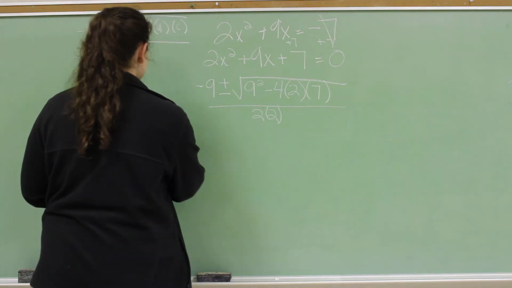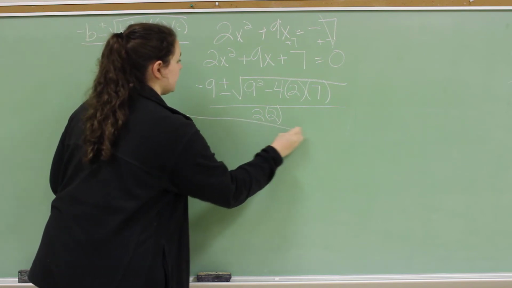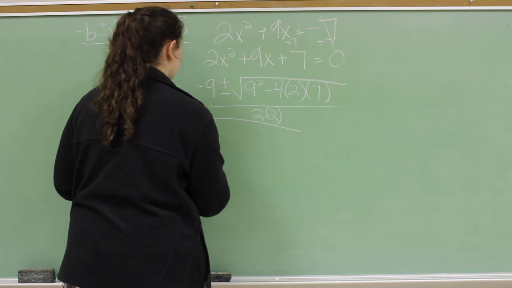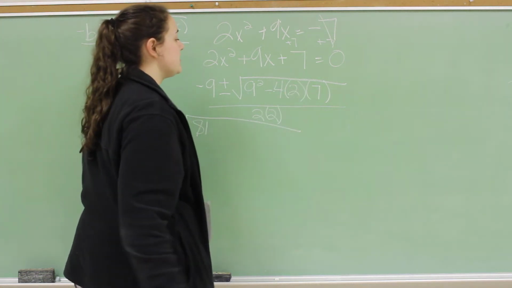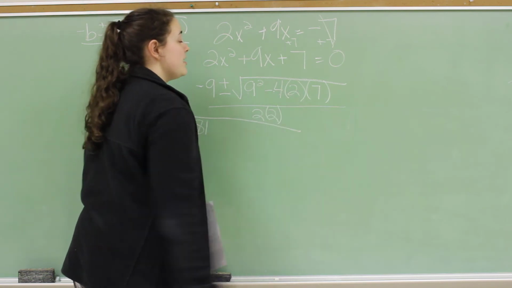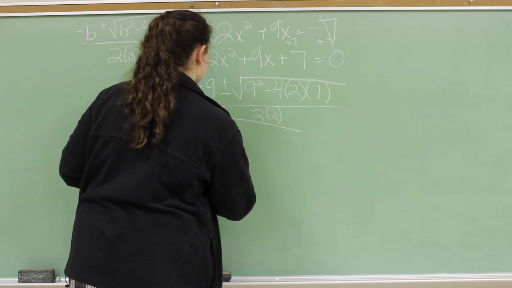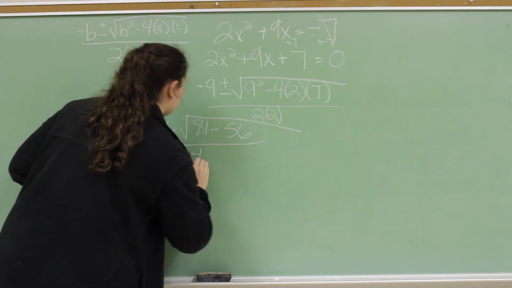Simplifying, we have negative 9 plus or minus the square root of 9 squared is 81, and then negative 4 times 2 is negative 8, and negative 8 times 7 is negative 56, all over 2 times 2, which is 4.